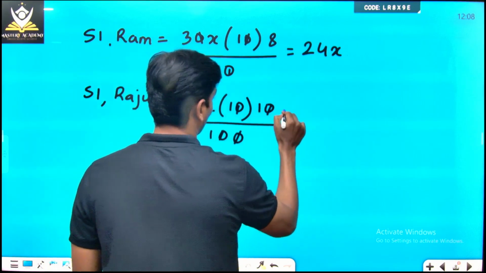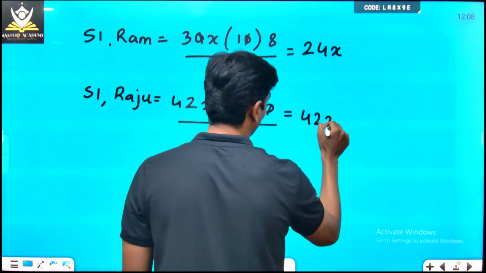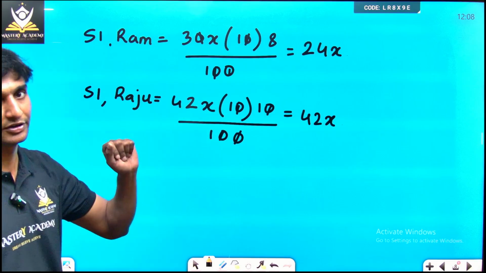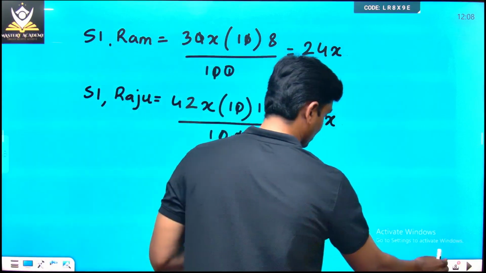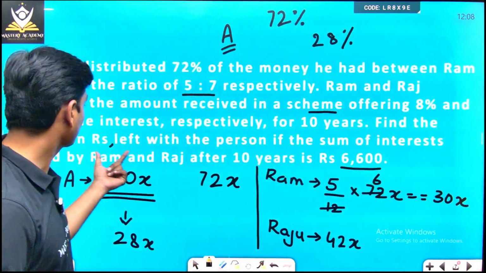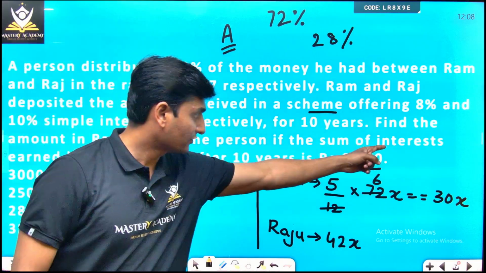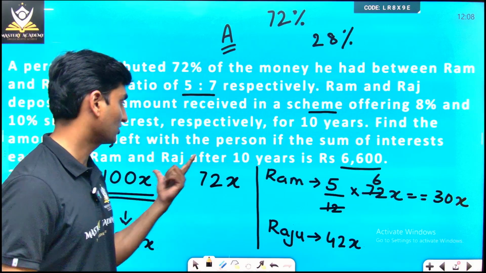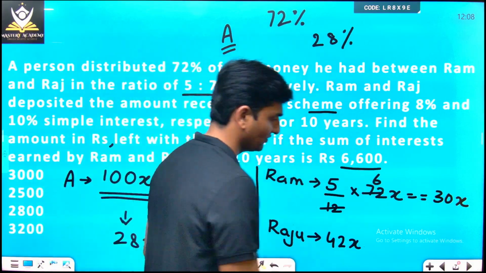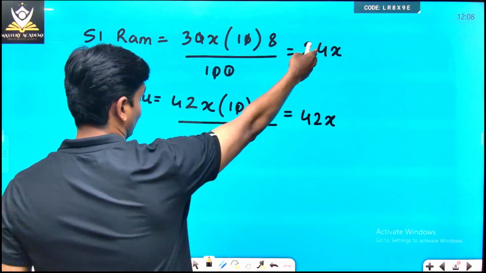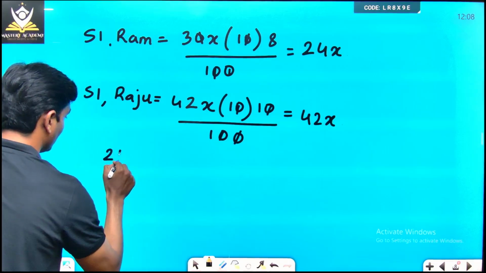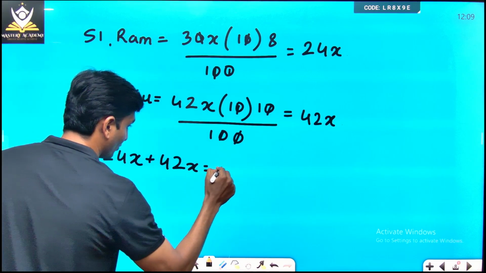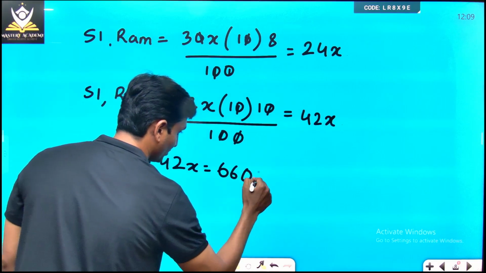So here 42x is the amount that was received by Mr. Raju, simple interest. Now in the question they have mentioned the sum of simple interest left with the person. If the sum of interest earned by Ram and Raj, not Raju, Raj, after 10 years is 6600, so simple interest by Ram is 24x, simple interest by Raj 42x is equal to 6600 according to the given question.